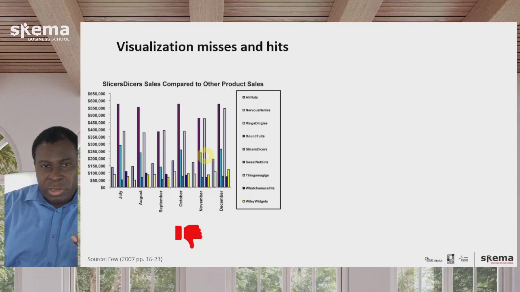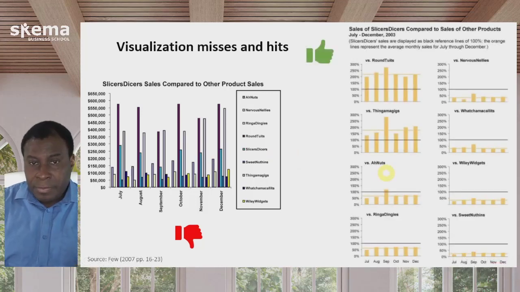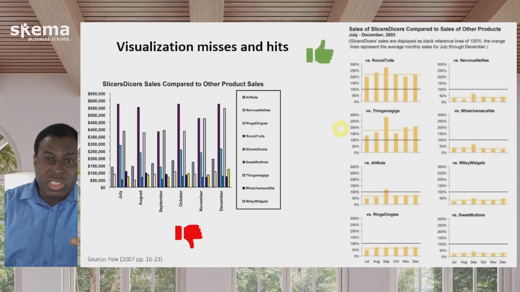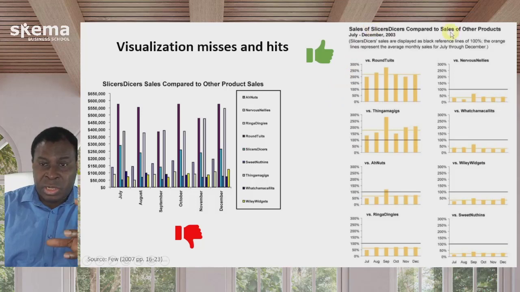Because we're trying to convey a lot of information here, a much better solution would involve many graphs, which focus specifically on what we're looking at. So here, because we want to compare slicer dicers with each other product, we have a graph for each product explicitly compared to slicer dicers.